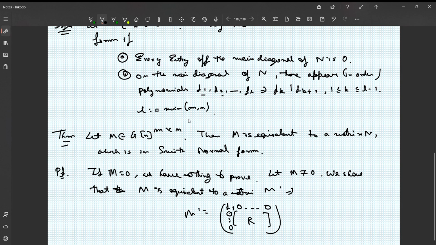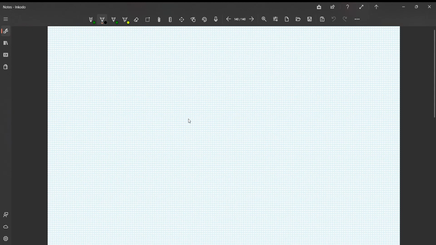So it's f1, all the other entries in the row and all the other entries in the column are 0, and this is an m minus 1 cross n minus 1 matrix R, such that f1 divides every other entry of R. If you prove this, then we can work out the same thing for the matrix R. We get a polynomial f2, and we can continue so on and so forth, right?